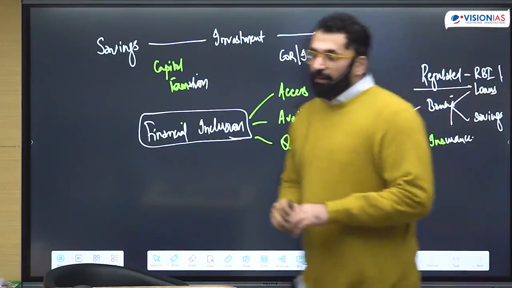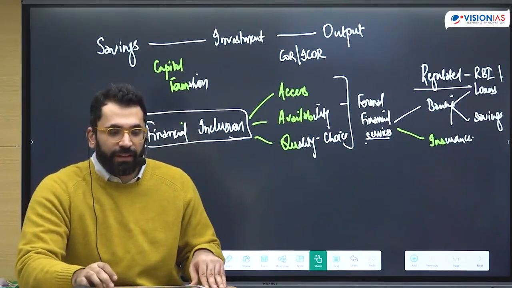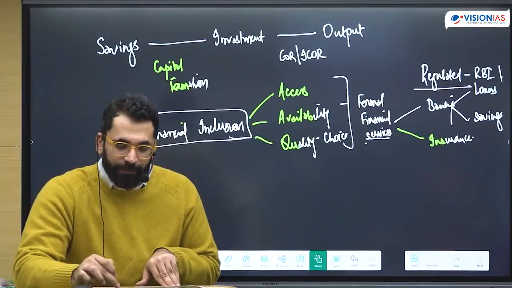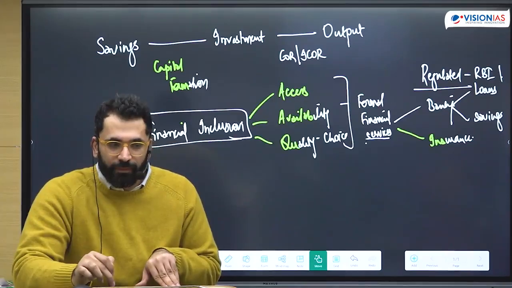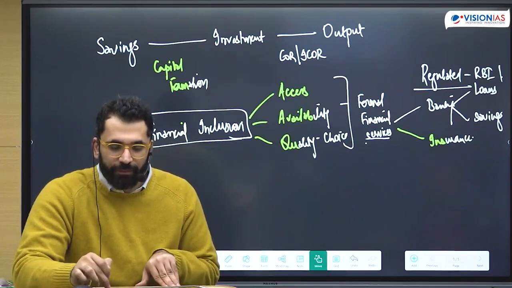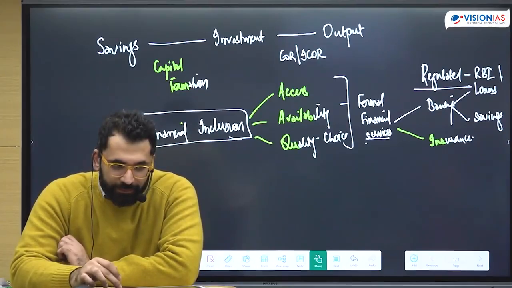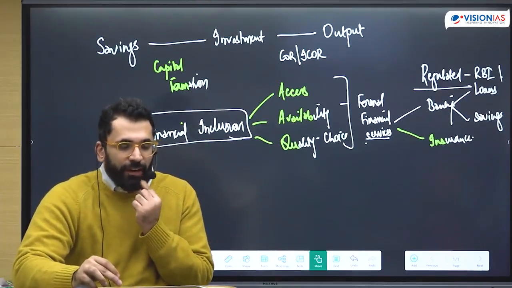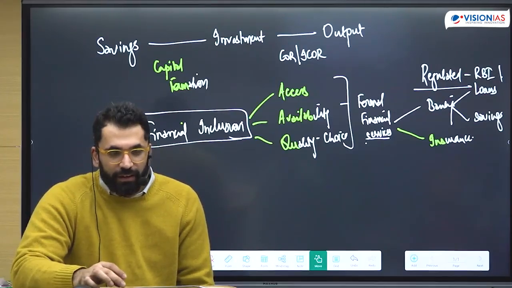If you've written this line, saving to investment, have you noted this down? Below this: the government promotes savings in the formal financial system, because savings in the form of cash, gold or real estate cannot be channelized as investments in the economy.